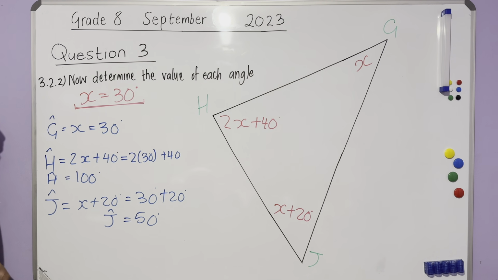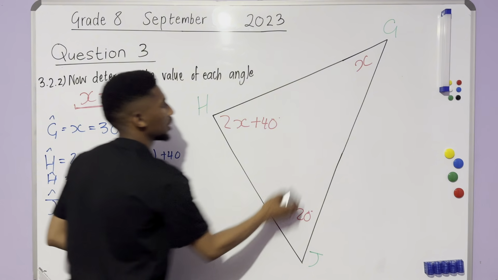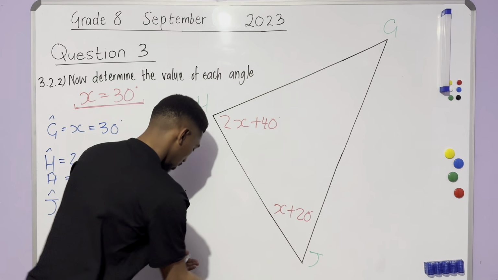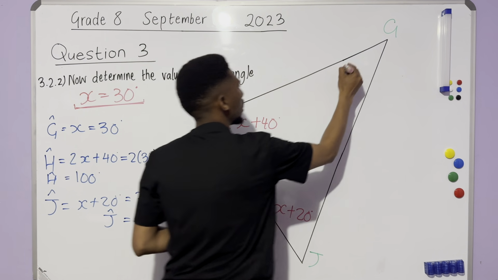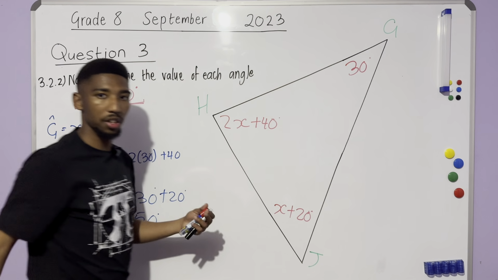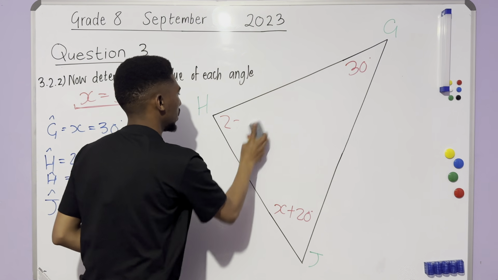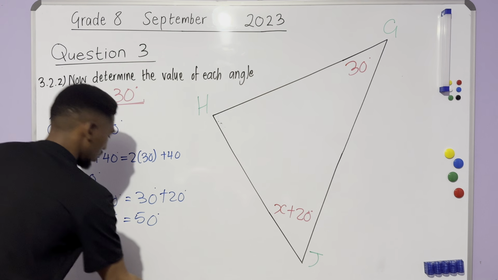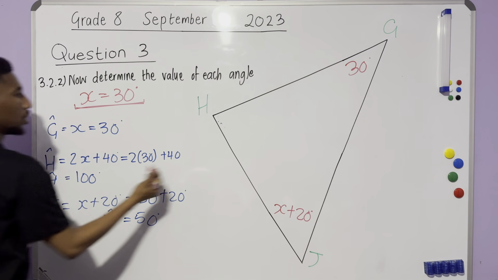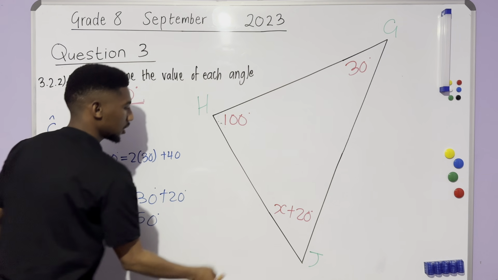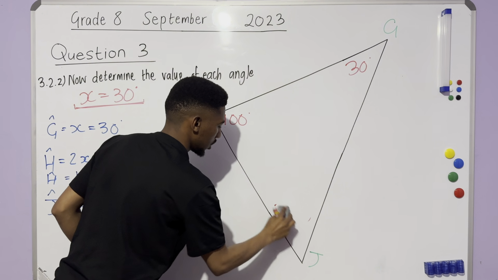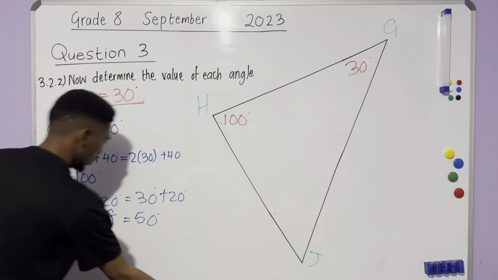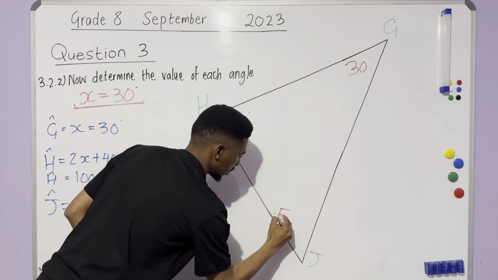Now we have the value of each angle. G is 30 degrees, so I can replace that x with 30 degrees over there. I can now replace angle H with 100 degrees, and I can replace J with 50 degrees.